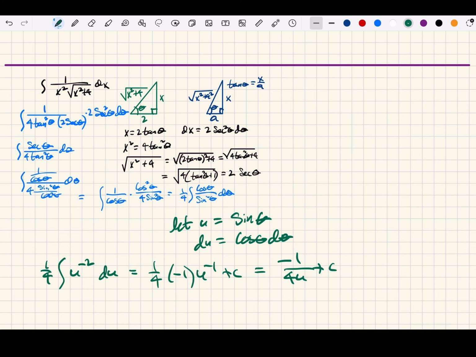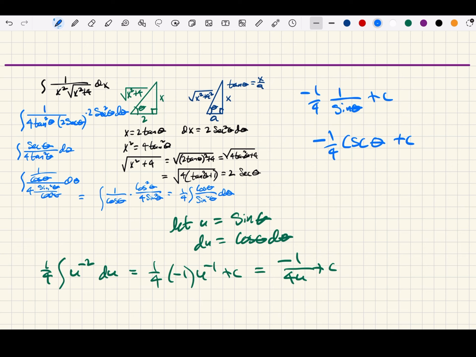Now u is sine theta. So going back now, we have -1/4 times 1 over sine theta plus c. Okay, that's -1/4 cosecant theta plus c.